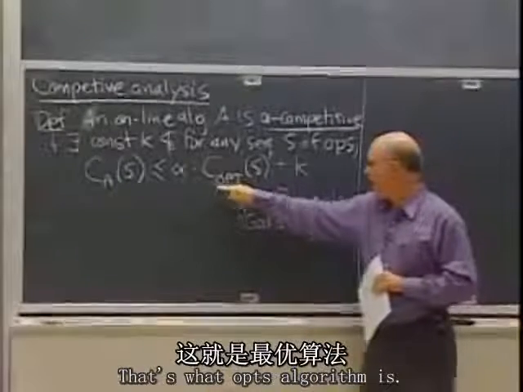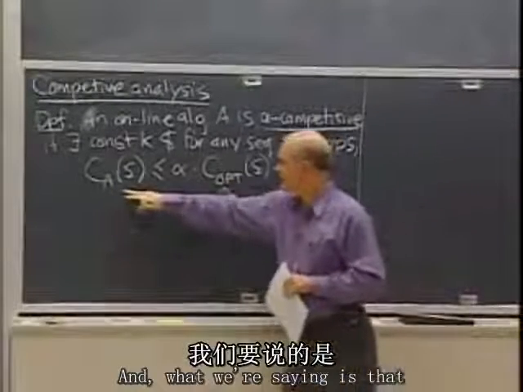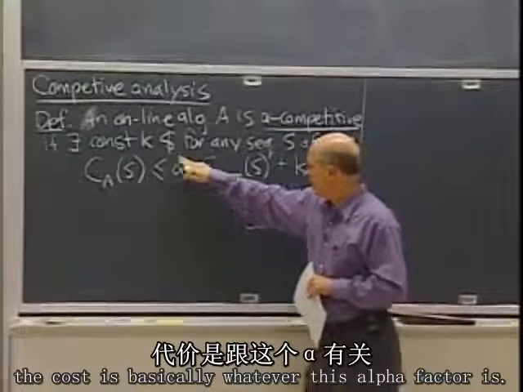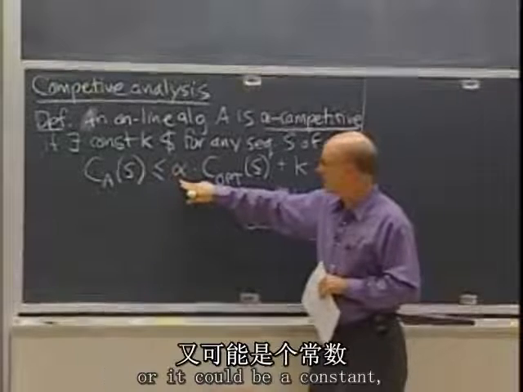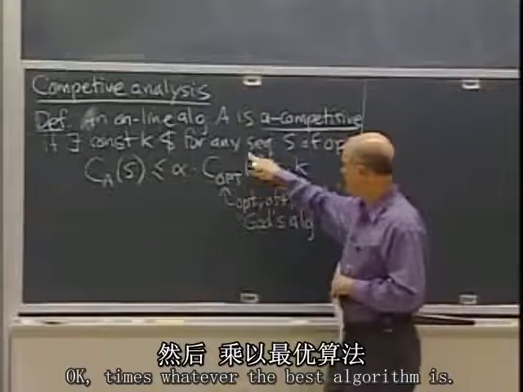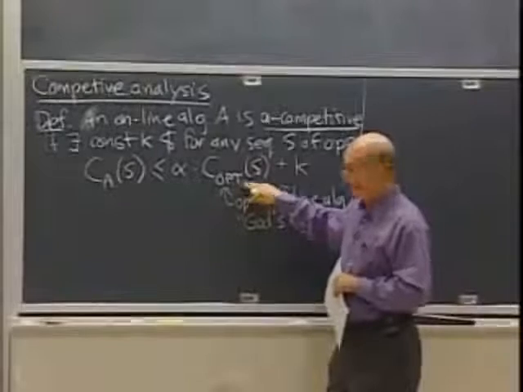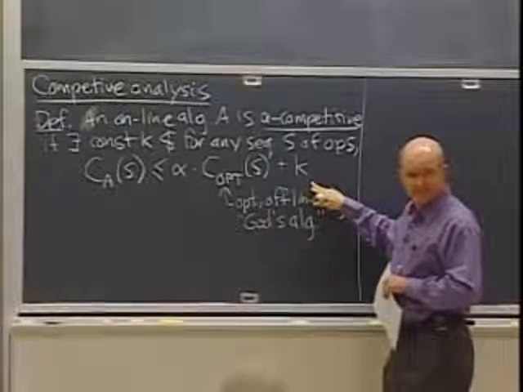That's what opt's algorithm is. And what we're saying is that the cost is basically whatever this alpha factor is. It could be a function of things, or it could be a constant, okay, times whatever the best algorithm is. Okay, plus there's a potential for a constant out here.